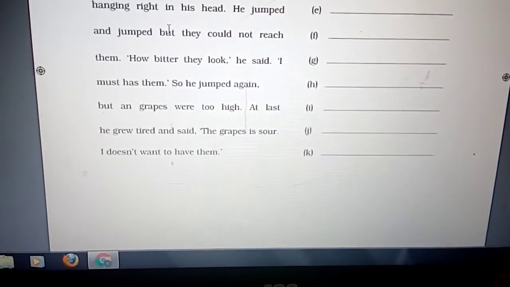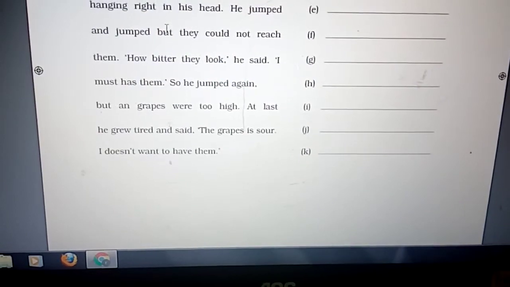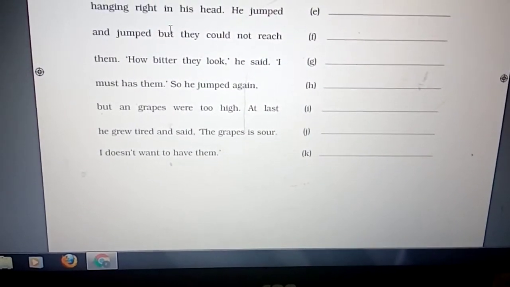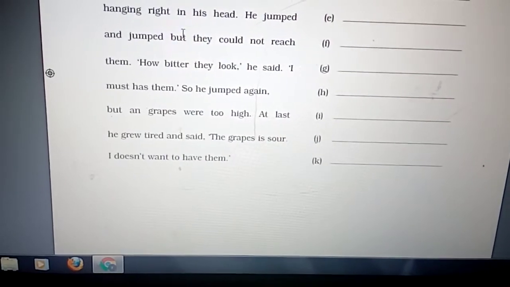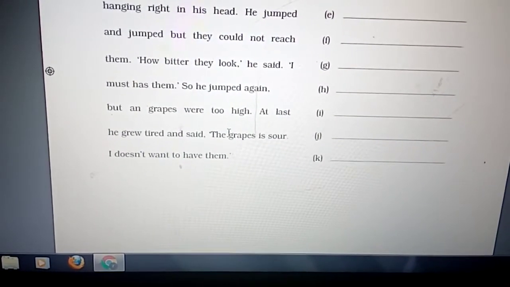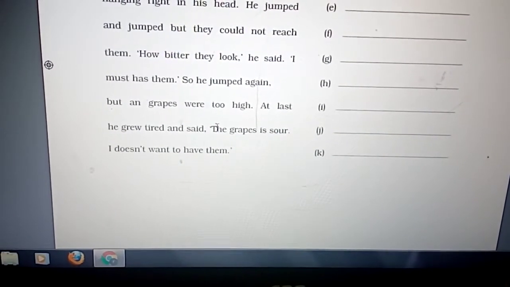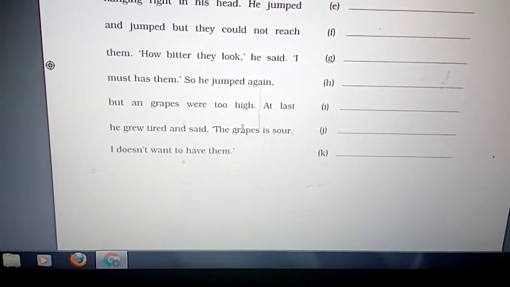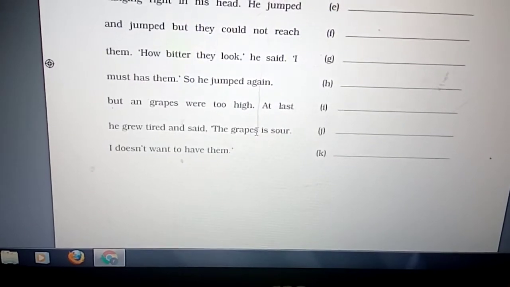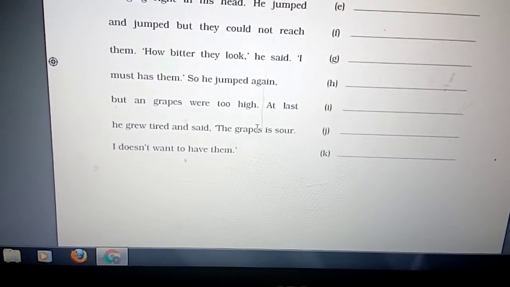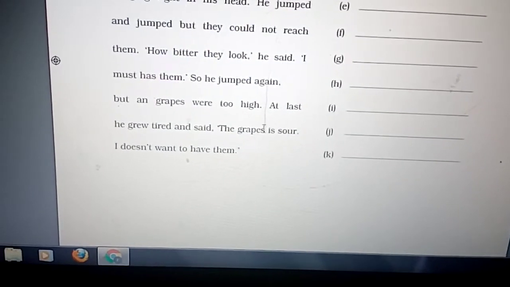At last, he grew tired and said, the grapes is sour. The grapes is a plural countable noun, so this is a plural subject, and a plural subject is always followed by a plural verb. So the grapes are sour, not is.